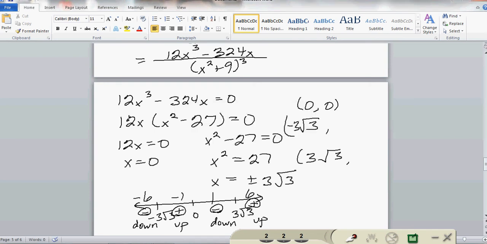Okay, I am back with a calculator in hand, and so if I actually calculate, what is 6 times negative root 3, or 3 root 3, divided by the whole quantity, negative 3 root 3 squared plus 9?